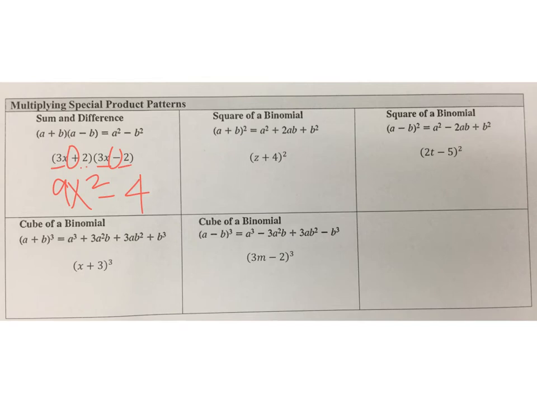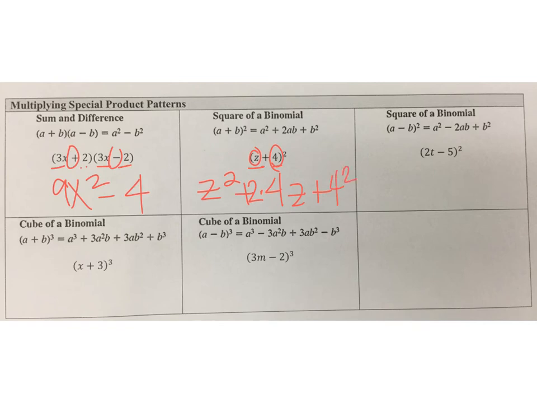All right, now if you're going to square something, here's a little trick. Instead of writing it out 2 times, if you square the first one, z squared, and if you multiply a times b, the first and second term, which is 4z, multiply them times 2, that can be your middle term, and 4 squared, because that's your b, 4 squared at the end.